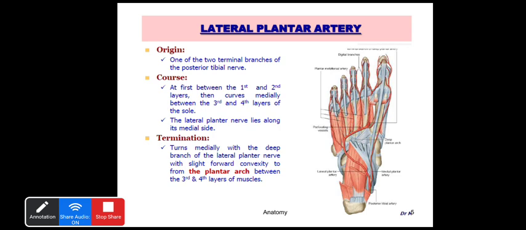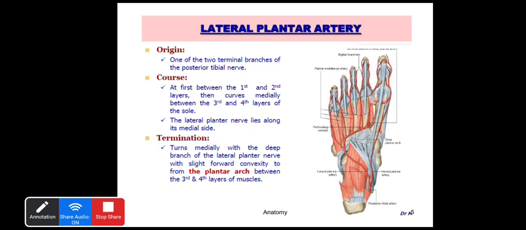So the course at first: it lies between the first and second layers, then curves medially between the third and fourth layers of the sole. I hope you know the first layer of the sole, which is formed by three muscles, the two abductors with the flexor digitorum brevis.